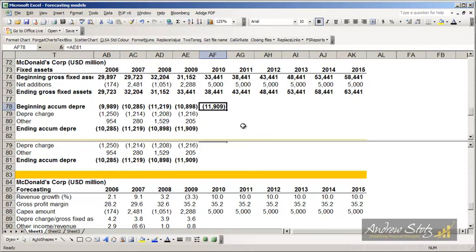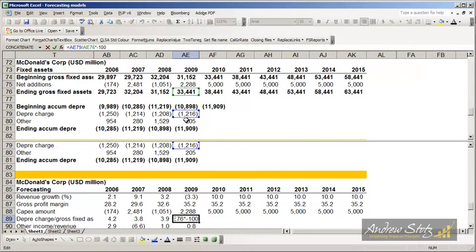This can be very complex. In fact, we could build a whole model on fixed asset acquisition and depreciation schedules. But for right now, we're going to keep it super simple. How are we going to do that? We're going to look at the amount of depreciation in the P&L, which is AE 79 here, the depreciation charge, divided by the ending depreciation for 2009.